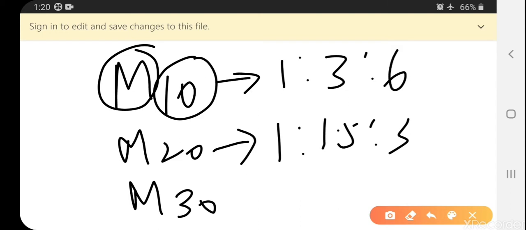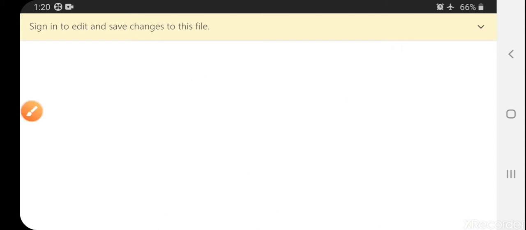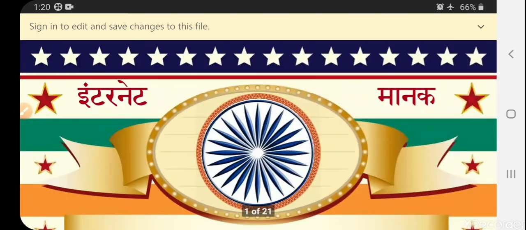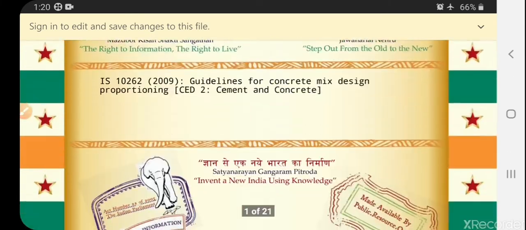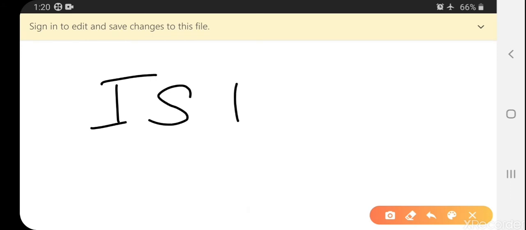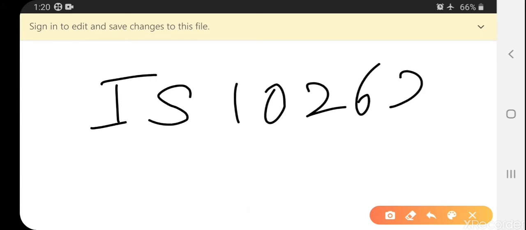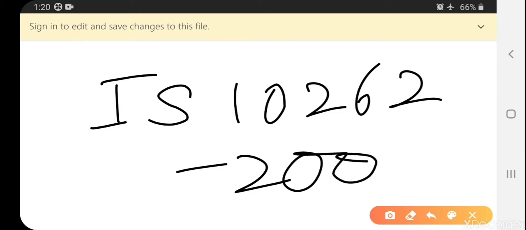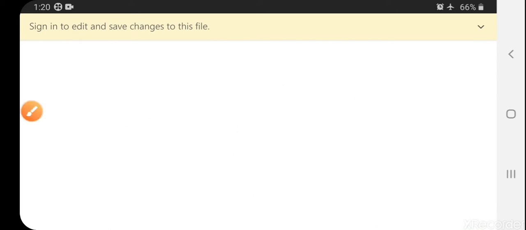Similarly, M30. For this particular mix design, an example is illustrated in the code of IS 10262:2009.